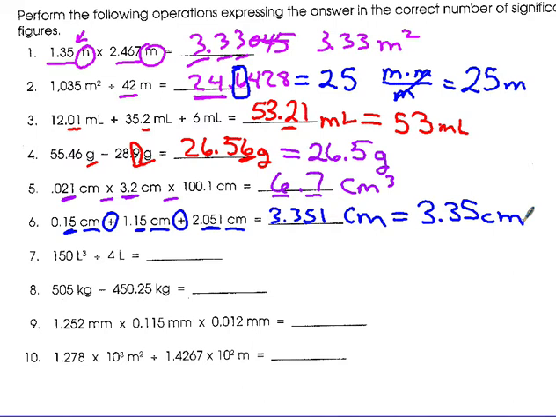Moving right along, liters cubed divided by liters. So that means I have liter times liter times liter divided by liter. That cancels, and it leaves me with liters squared. 150 divided by 4 leaves me with 37.5. But I only have 1 significant digit.